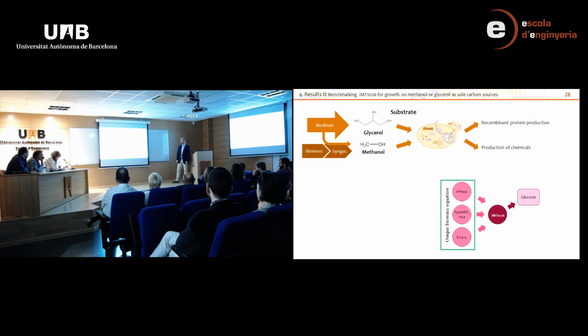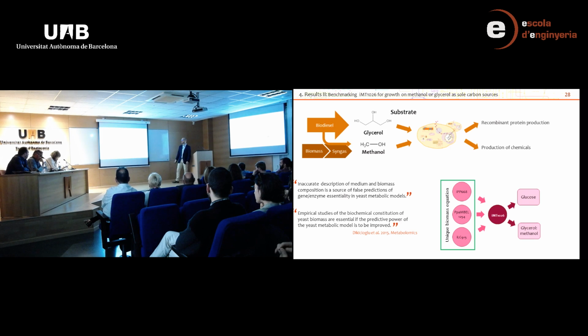The previous models contain a unique biomass equation that we incorporated in our model, and in addition we extended it with a new one. According to an interesting article published in Metabolomics, an accurate representation of biomass is really important in order to perform good predictions with our model.